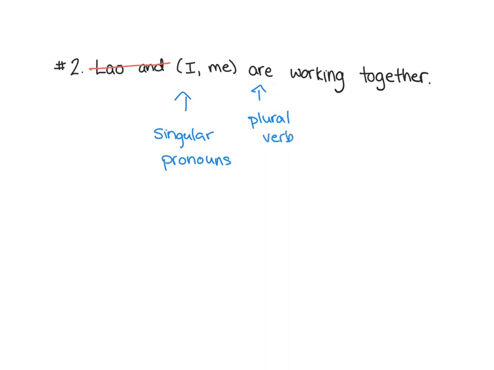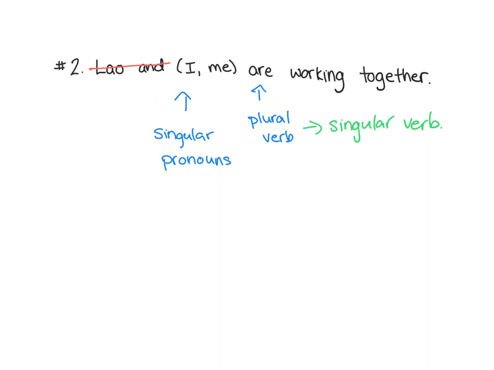So you would say they are, we are. You wouldn't say he are. You would say he is. So in order to tell if it should be I or me, you need to change this plural verb into a singular verb. So instead of saying are, you could say is.